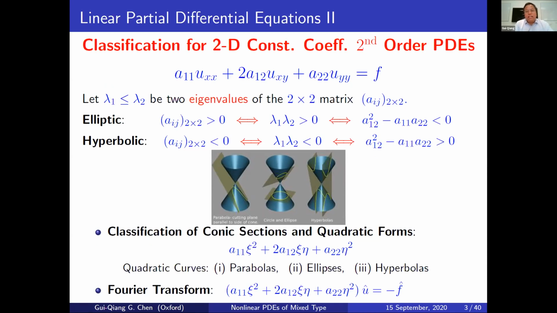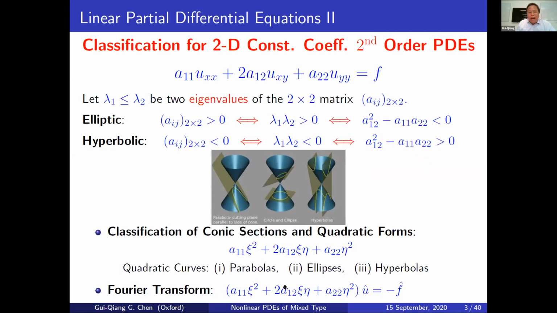This classification is, of course, similar to the classification of algebraic curves, conic sections, and quadratic forms in algebraic geometry. This can also be seen through the Fourier transform. If you take the Fourier transform on both sides, you get a coefficient quadratic form in the Fourier frequency, multiplying the Fourier transform of the unknown function.